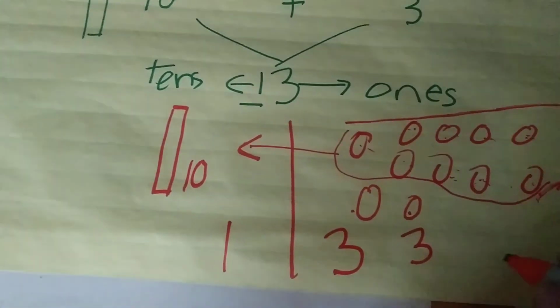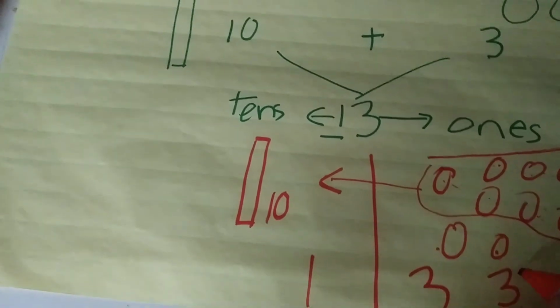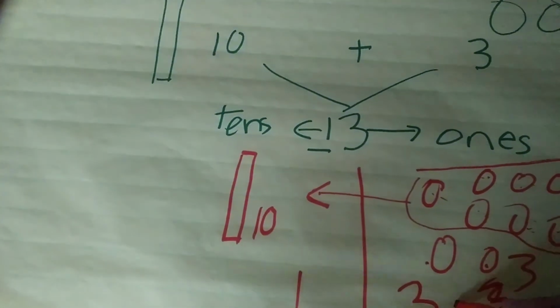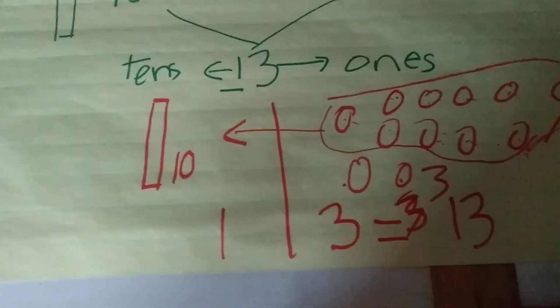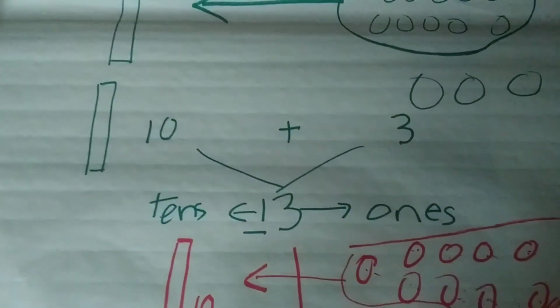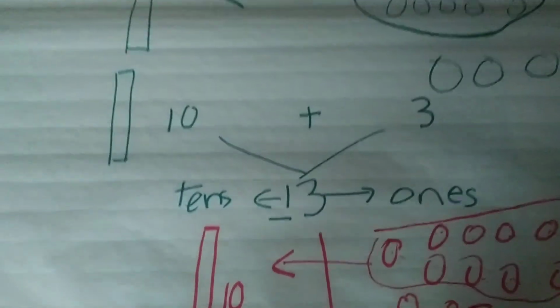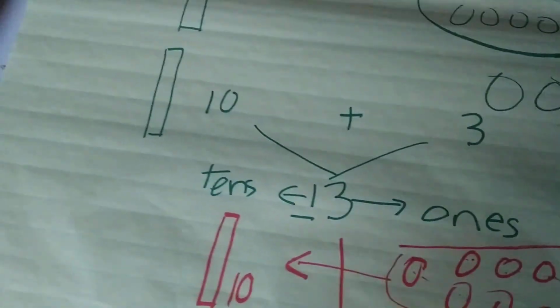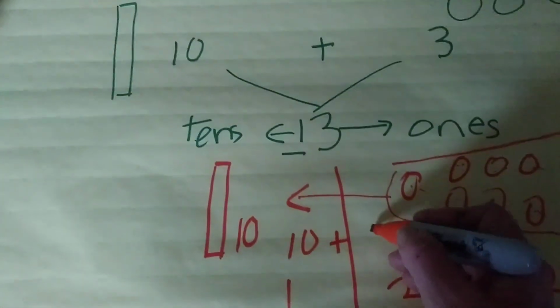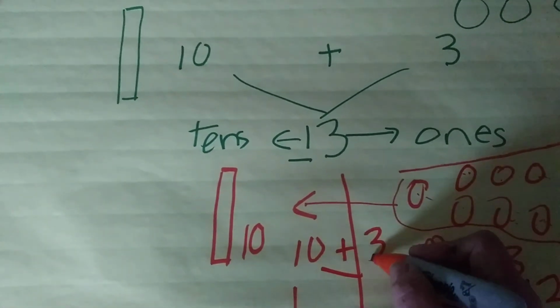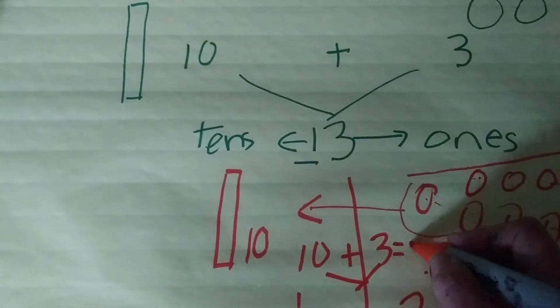That makes the number, ran out of room here, sorry about that, guys. That makes the number 13, just like our example showed us over here. We have 10 plus 3, I'm going to make my number bond again, that equals 13.